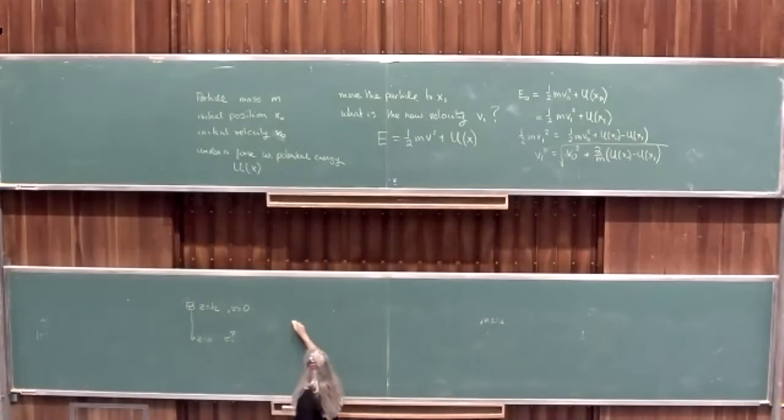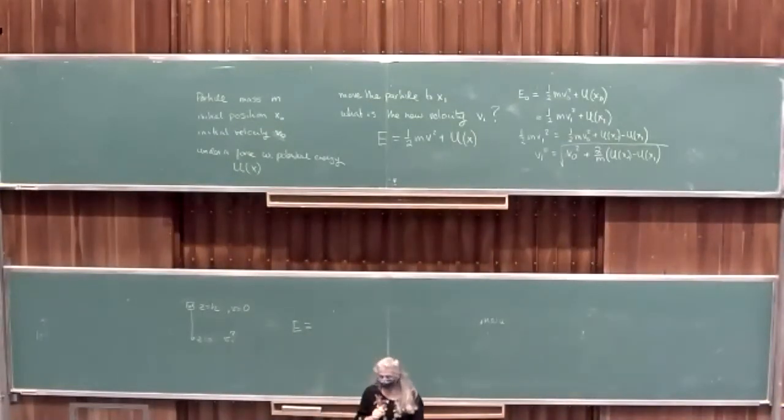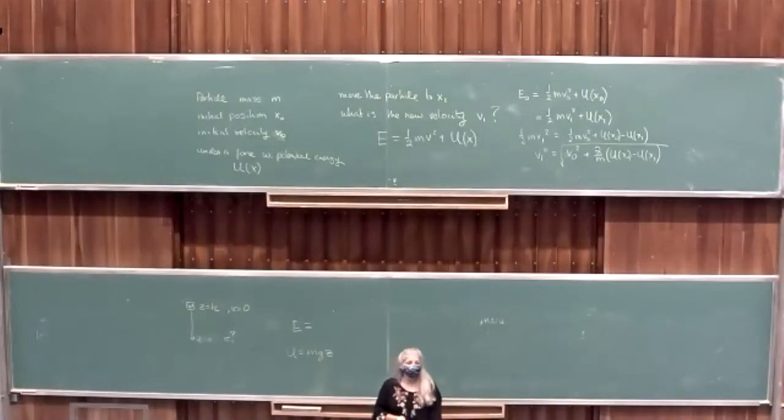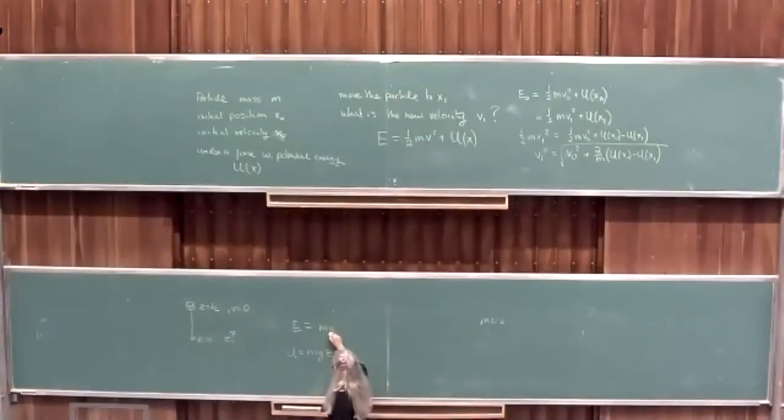So energy is constant. And the initial energy, so let's take potential energy mgz. The initial energy is kinetic energy plus potential energy. So if the velocity initially is 0, the initial energy is mgh. And then that's constant. The final energy should be the same thing as the initial energy, but now it's the kinetic energy plus the potential energy at the new position.